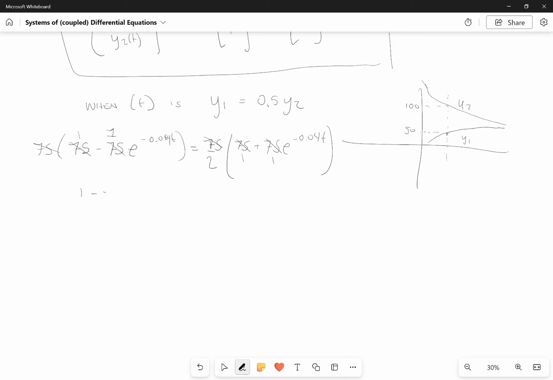So we have 1 minus e to the negative 0.04t equals 1 over 2 times 1 plus e to the negative 0.04t. Okay, and we're going to solve for t very shortly.